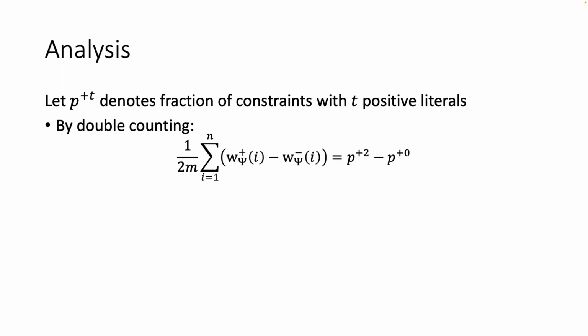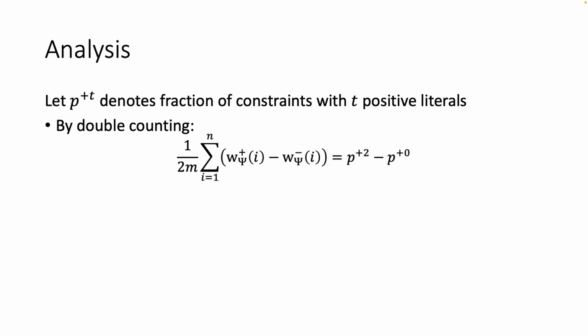You can think of the sum on the left-hand side as summing over constraints instead of over variables, and ask how much each constraint contributes to the sum. If a constraint has both literals occurring positively, it increments the positive weight of one variable and of another variable, so it's a net +2 to the left-hand side, which the 1/2 cancels, so it's a net +1.